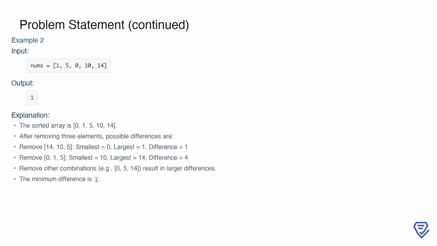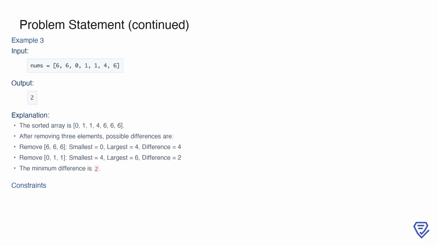For instance, if we remove 14, 10, 5, the smallest and largest remaining values are 0 and 1, giving us a difference of 1. If we remove 0, 1, 5, the smallest and largest values left are 10 and 14, resulting in a difference of 4. Testing other combinations, such as removing 0, 5, 14, leads to even larger differences. Ultimately, the smallest possible difference is 1.